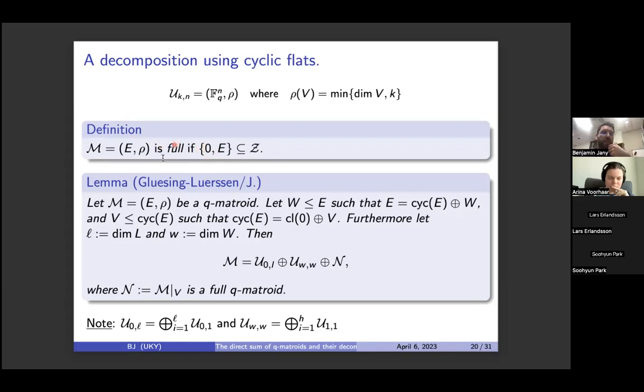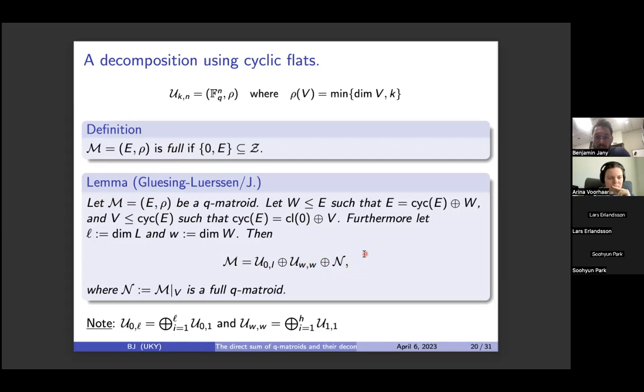But if a q-matroid is not full, here's what we can already do regarding the decomposition. We can break down our q-matroid into the direct sum of a q-matroid that has rank 0, a q-matroid that has full rank, also called a free q-matroid, and a full q-matroid. So for any q-matroid, I can decompose it using those three summands, right?